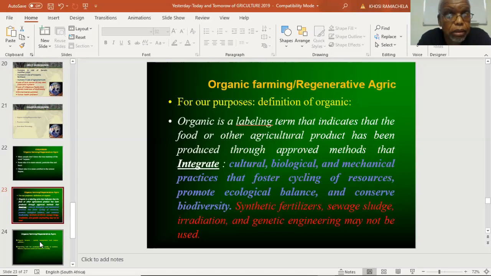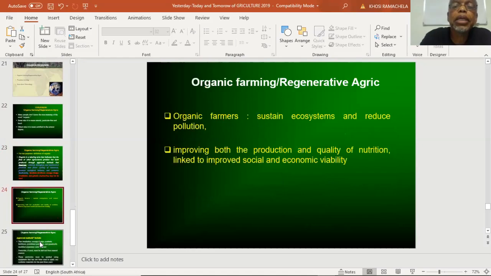So that would speak to the aspect of regenerative agriculture. So that is reduced synthetic fertilizers; sewage sludge, irradiation, and genetic engineering may not be used under this system. Then what do organic farmers do?